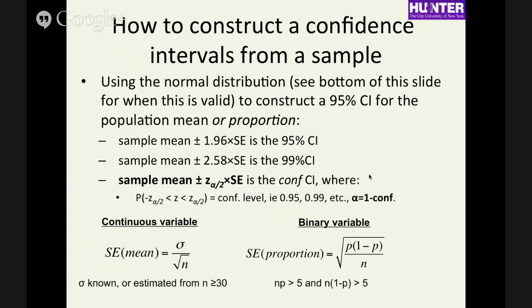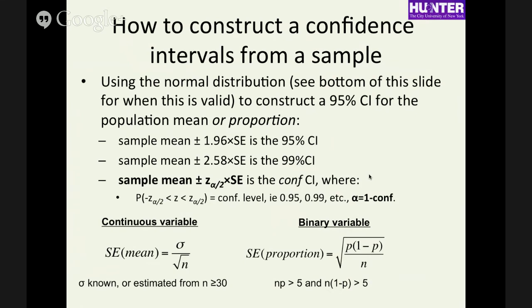Does anyone know where you would get that from if you didn't get it from this slide? Where would that 2.58 come from? Yep, the z table. So we would want the central area of the z table that contains 99% of the probability.